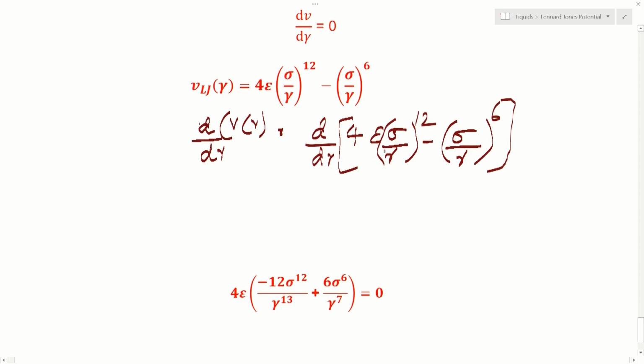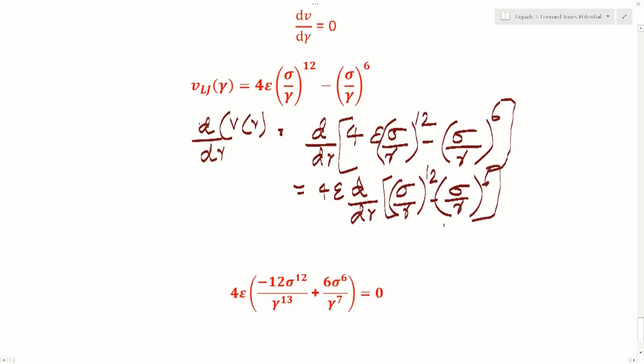Since 4 epsilon is a constant, we will take it out, and differentiate the expression d by dr of (sigma by R) to the power 12 minus (sigma by R) to the power 6. In the first term, sigma to the power 12 is a constant, and we have to differentiate 1 by R to the power 12.